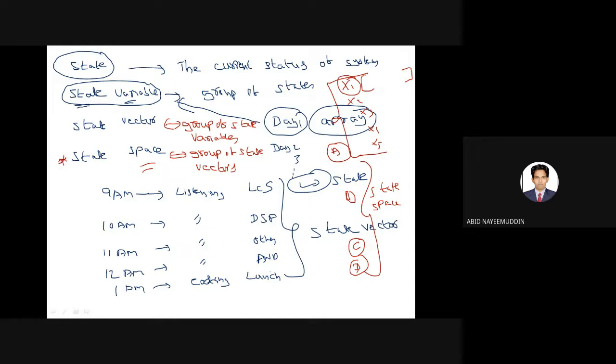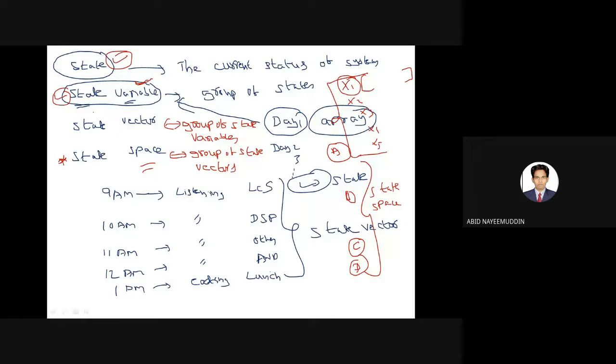So simply, what is state? Current status. What is state variable? All status. A state variable is a matrix or array which gives you the information of all the instances of that particular variable, all the instances of that particular past data.